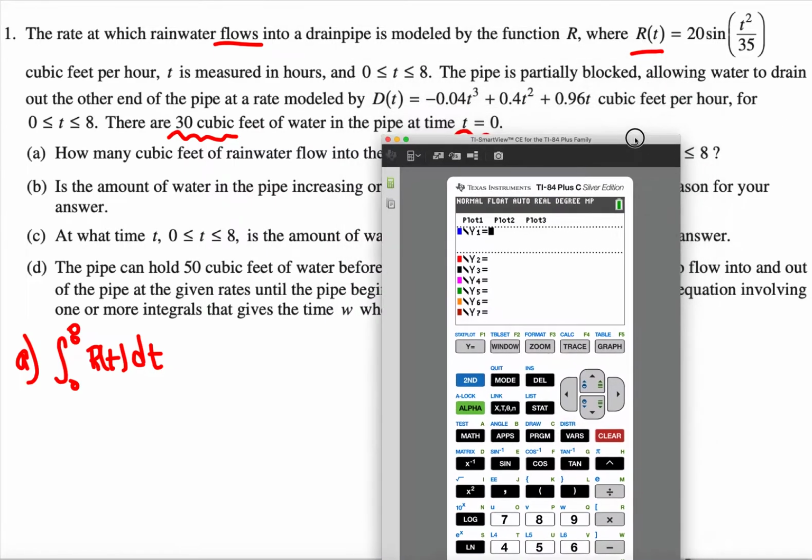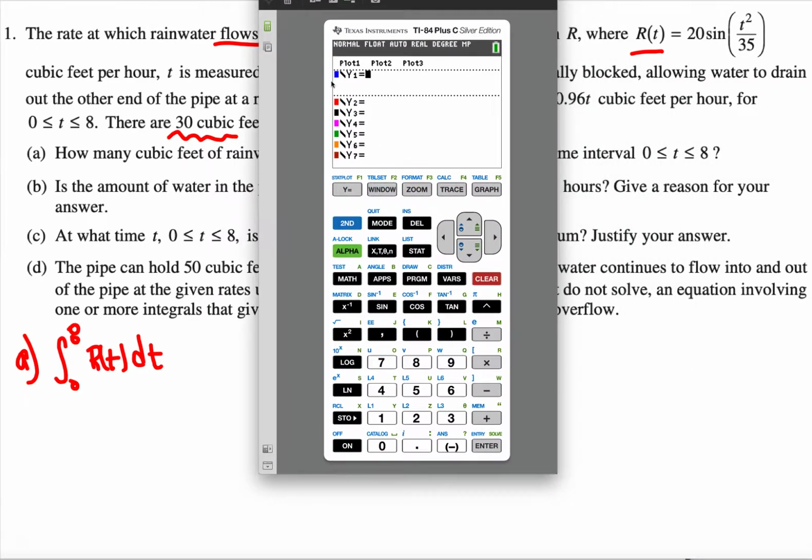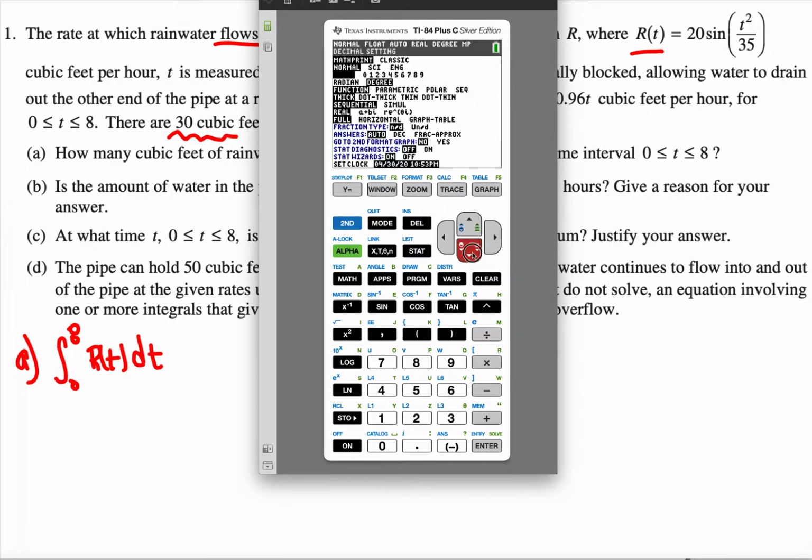I'll set y sub 1 as R of t, so we type in 20 sine of t squared over 35. And I need to make sure that we are in radian mode, so mode.